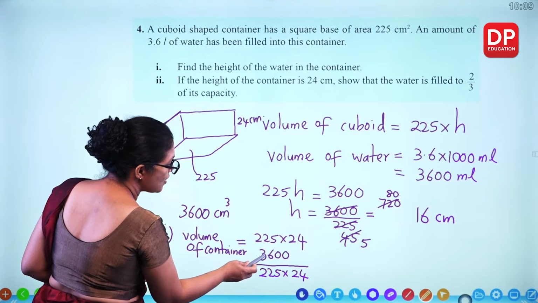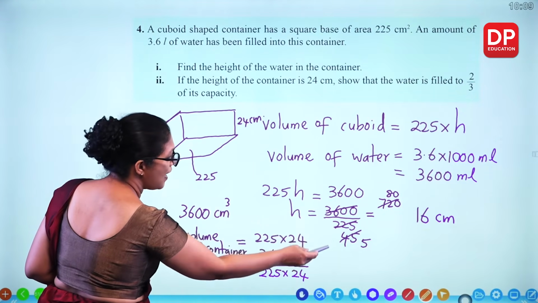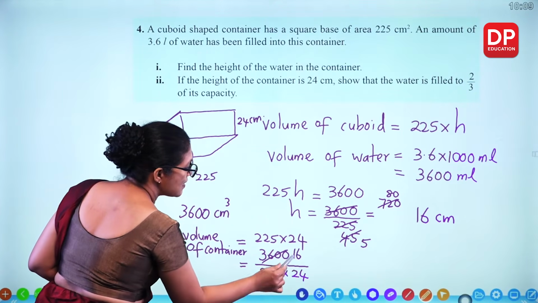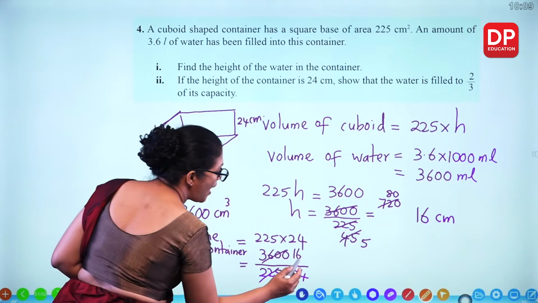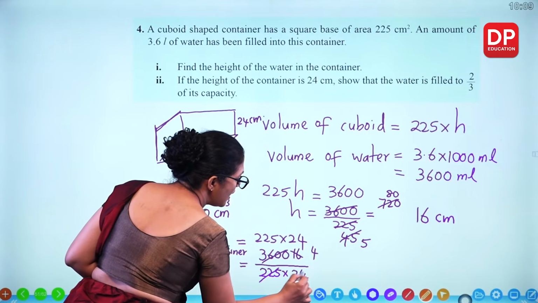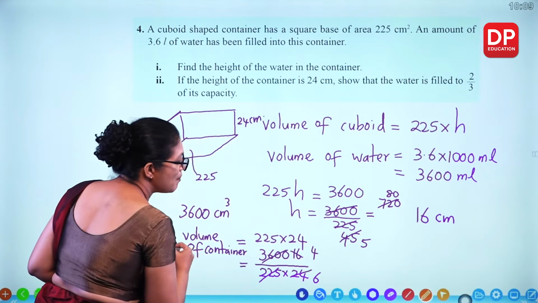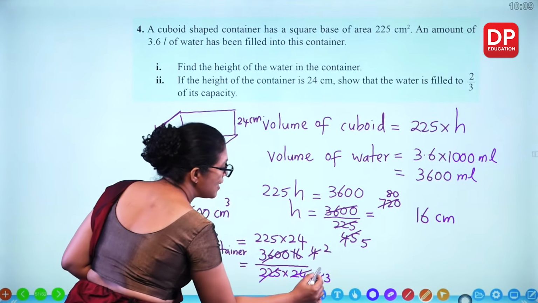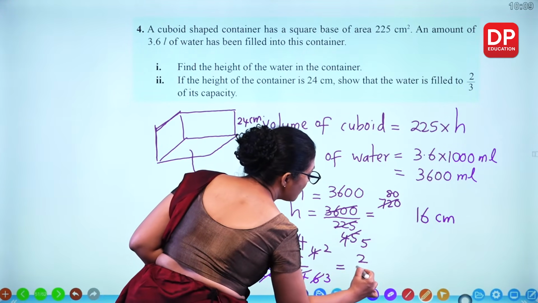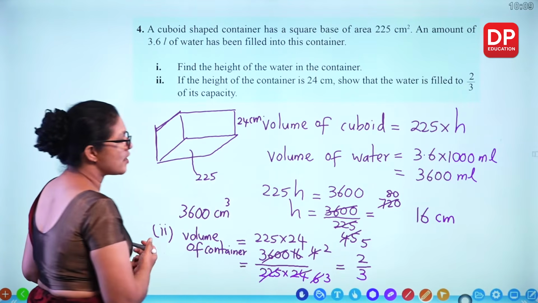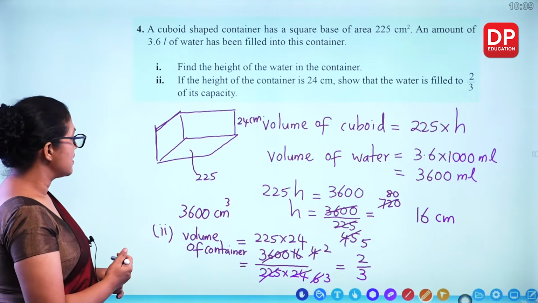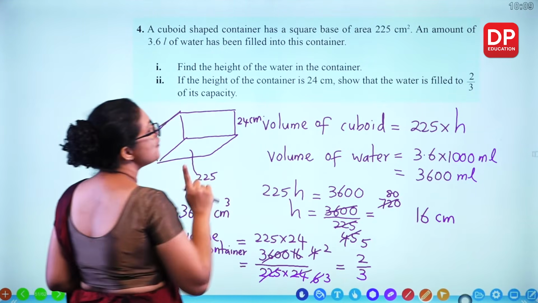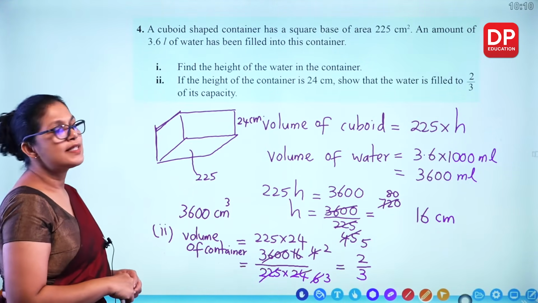We know 3600 divided by 225 is 16. 16 over 24. Divide by 4, you get 4 here, 6. Again divide by 2, you get 2 here and 3. That means when you simplify, you get the fraction 2/3. So that's the answer for that. Show that the water is filled to 2/3 of its capacity.